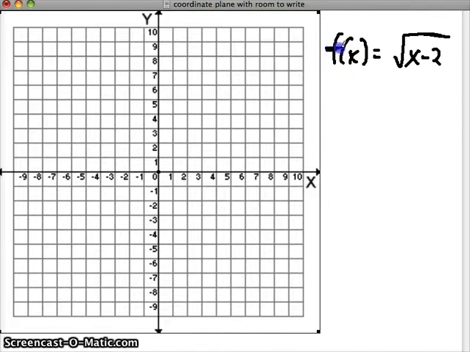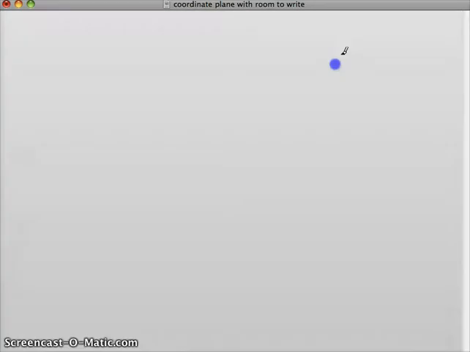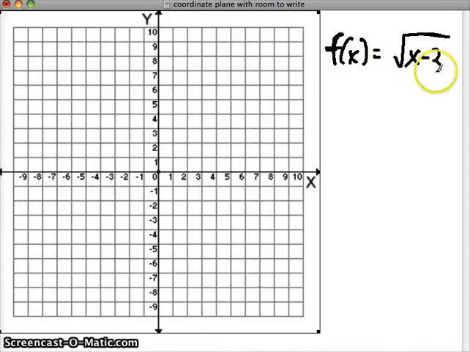Otherwise you might be somewhat lost here. I would encourage you to watch those first. So to graph a square root function, we know that our vertex is going to be at 2, and since k isn't listed there, it's implied that it's 0. So there's our center at 2, 0.